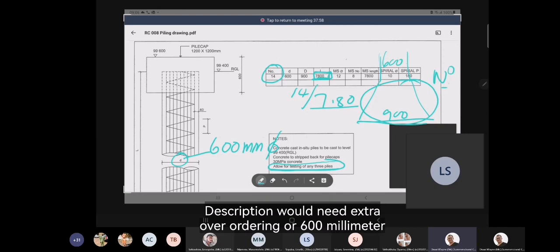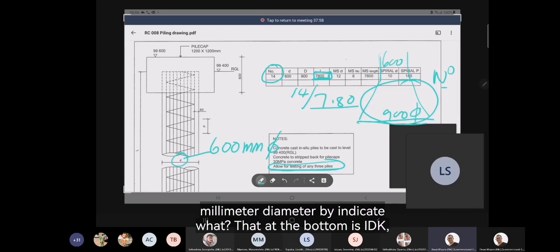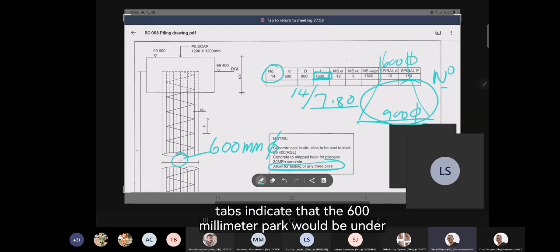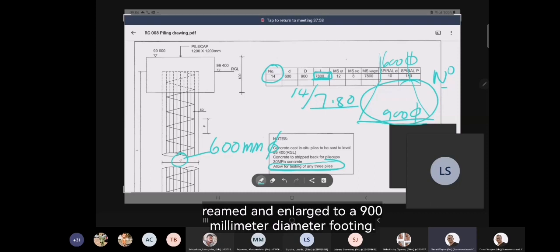Our description would read, extra over augering for 600 millimeter diameter pile, for under-reaming for the enlarged foot, the 900 millimeter diameter. Now I indicate what that diameter at the bottom is. I indicate that the 600 millimeter pile would be under-reamed and enlarged to a 900 millimeter diameter footing.